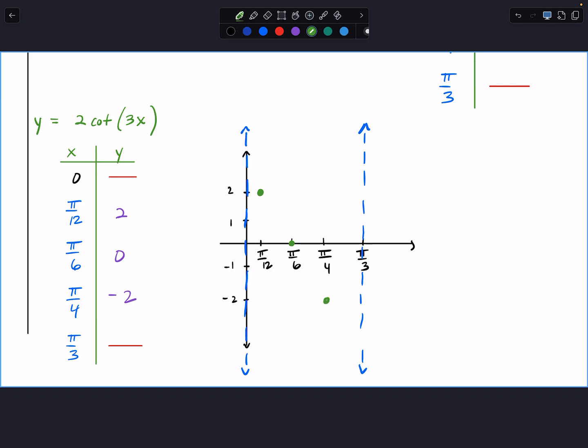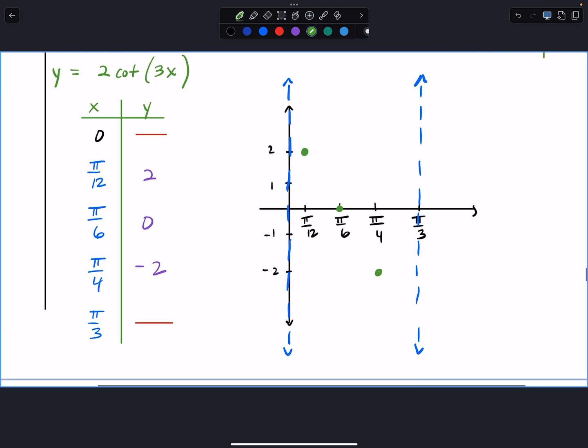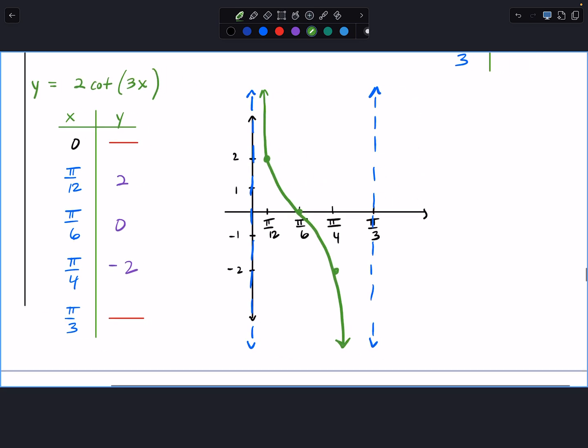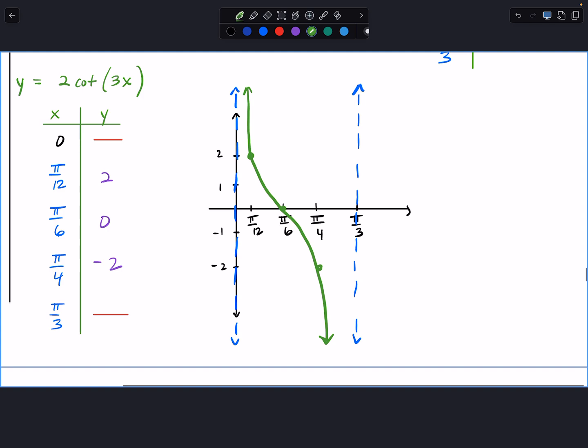Should it be a straight line? No, it almost looks like a cubic function, so it looks something like that. Okay, well, that was fun.